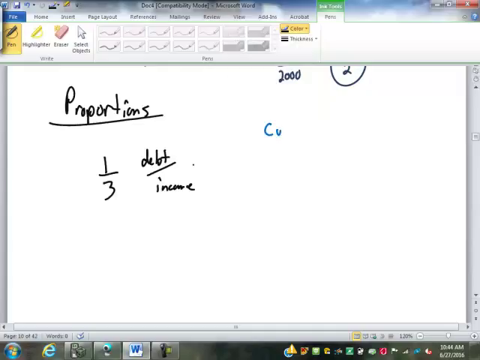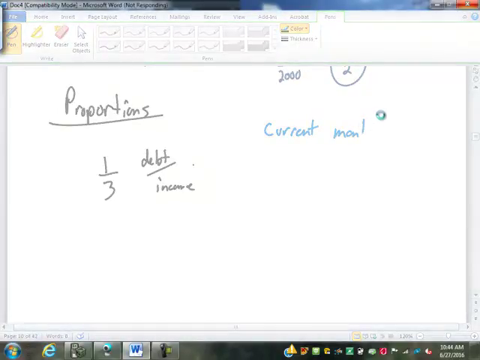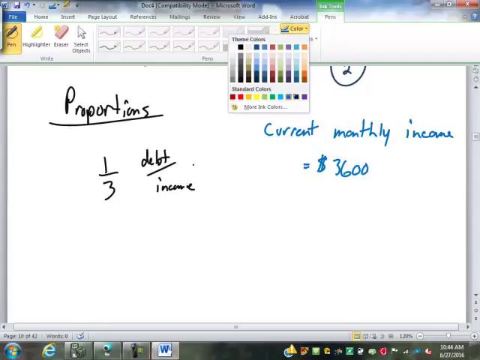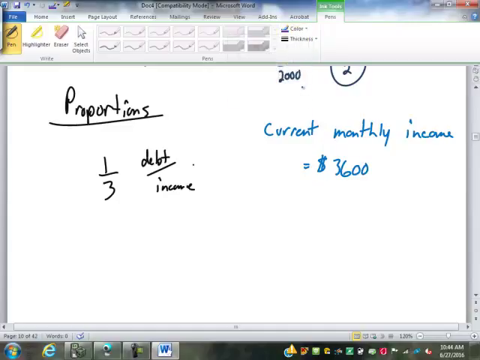Your current monthly income is $3,600 gross. By gross, I mean before they take out your taxes and stuff on your paycheck.